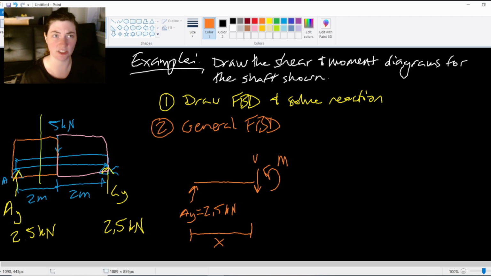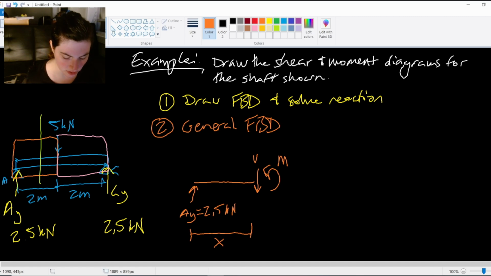So this is actually the full free body diagram, general full free body diagram for that first area in orange. And what I want to do with this free body diagram is I want to make a shear equation and a moment equation. And what I mean by that is it's going to stay in terms of X.